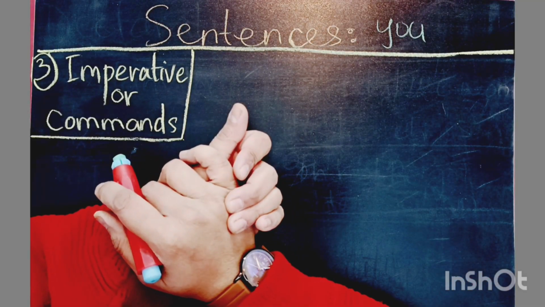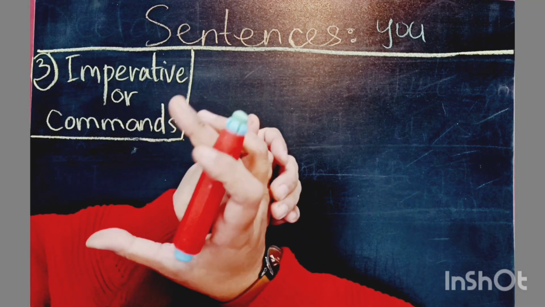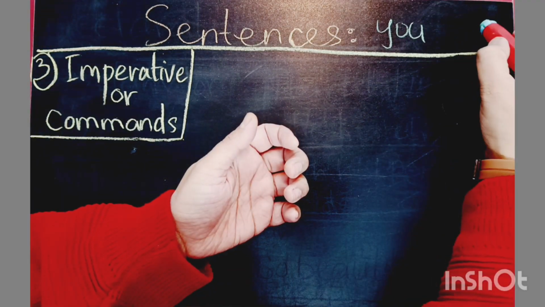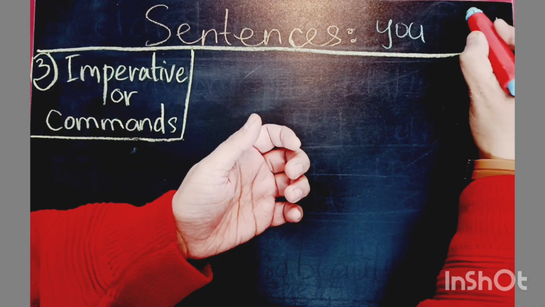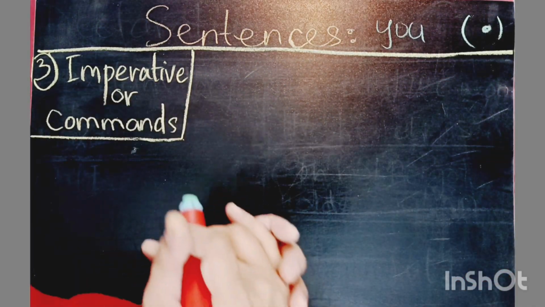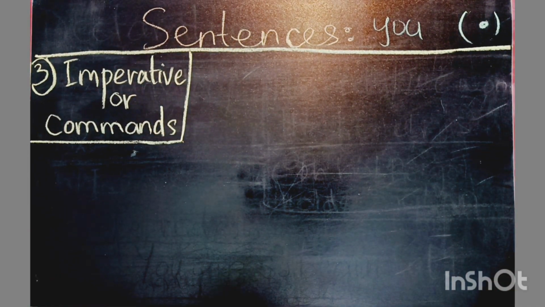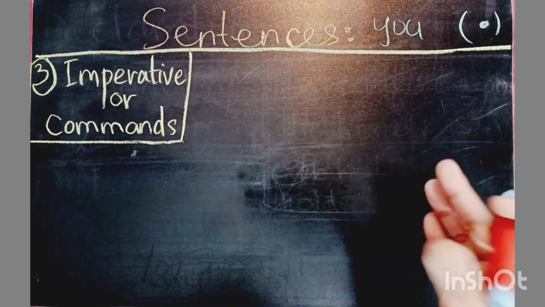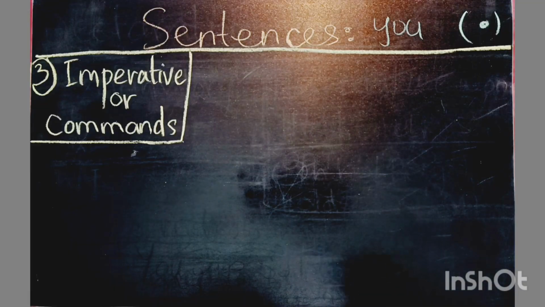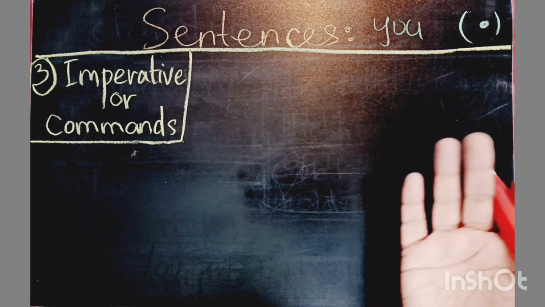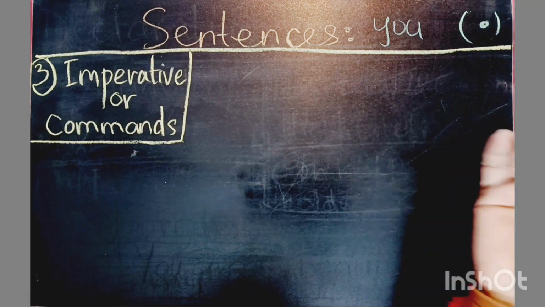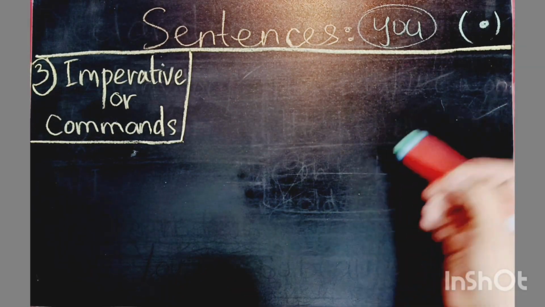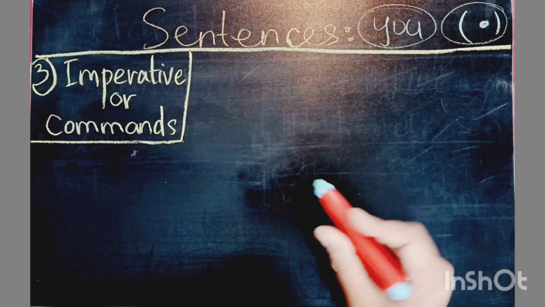Okay, and they prompt actions and can end with a full stop. Again, the punctuation which we use to end these sentences is also the full stop. So these imperative sentences give commands, requests, and instructions or warnings, usually starting with you, okay, and ending with a full stop.